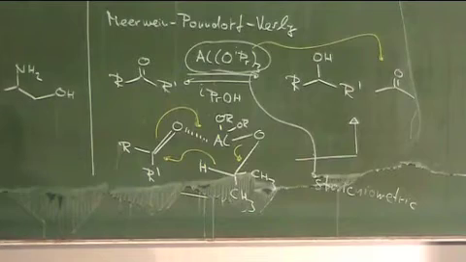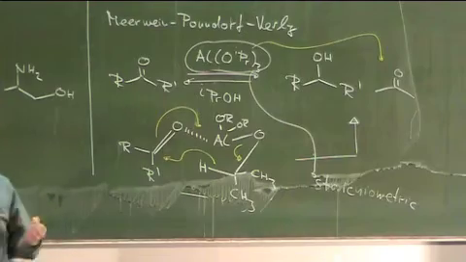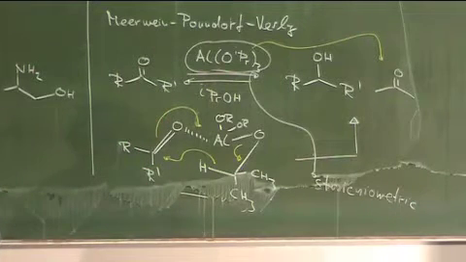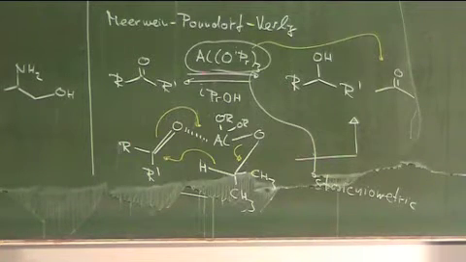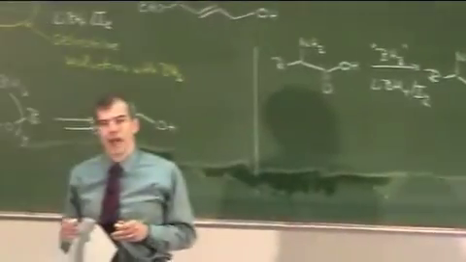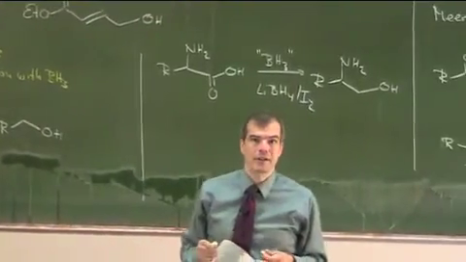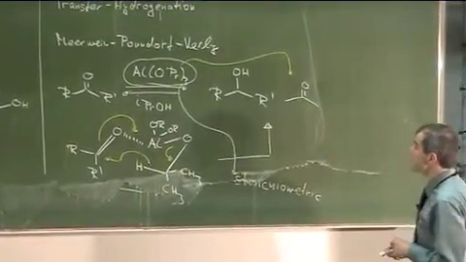And in order to drive the equilibrium, you need to use your aluminum alcoholate in excess in order to get the alcohol and the acetone rather than having it on this side. And this, of course, although aluminum is a very inexpensive material, we have large amounts of this on Earth. However, to make aluminum, you use a lot of energy. So although it is present in abundance, to use it is not very energy efficient.